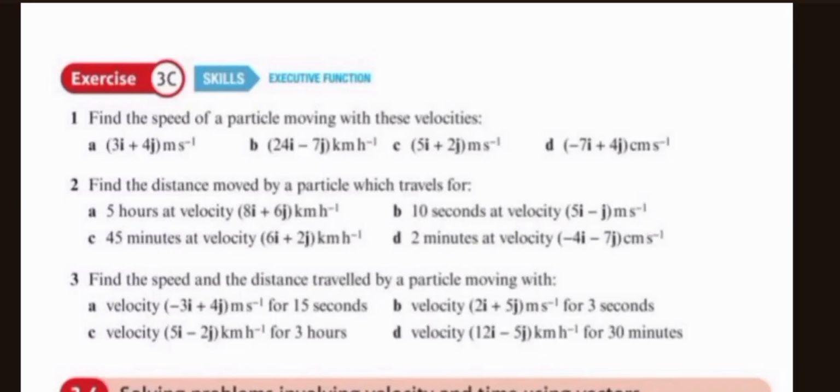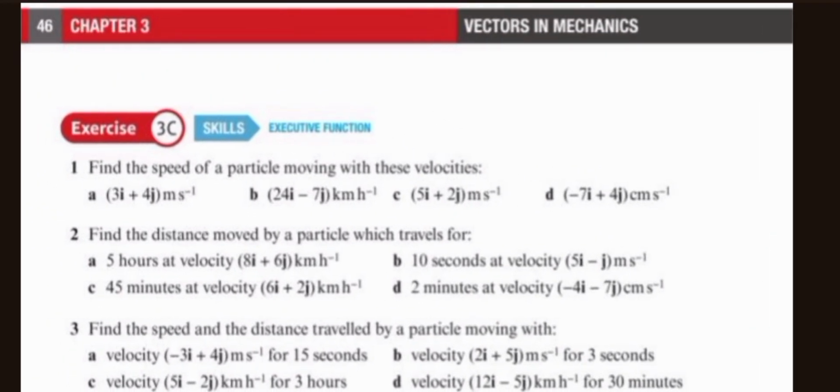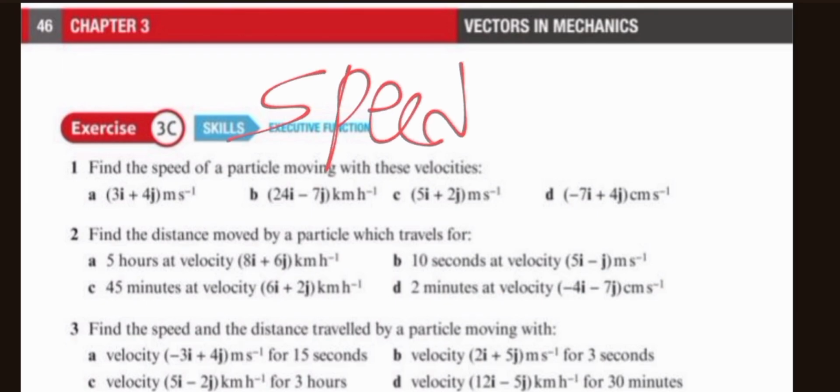3C. Question 1. Find the speed of a particle moving with its velocities. Now for finding the speed, we're going to find the magnitude of the velocity. Speed is the magnitude of velocity.